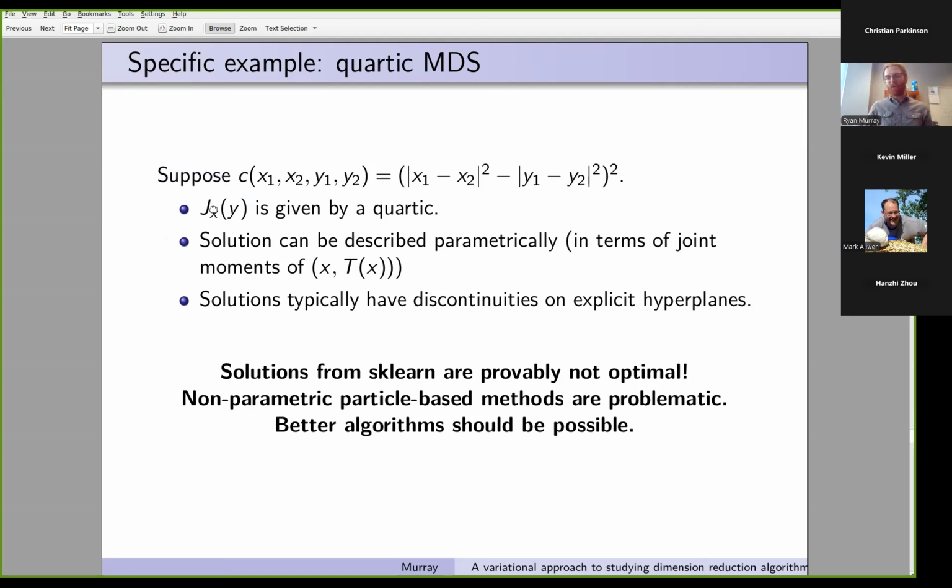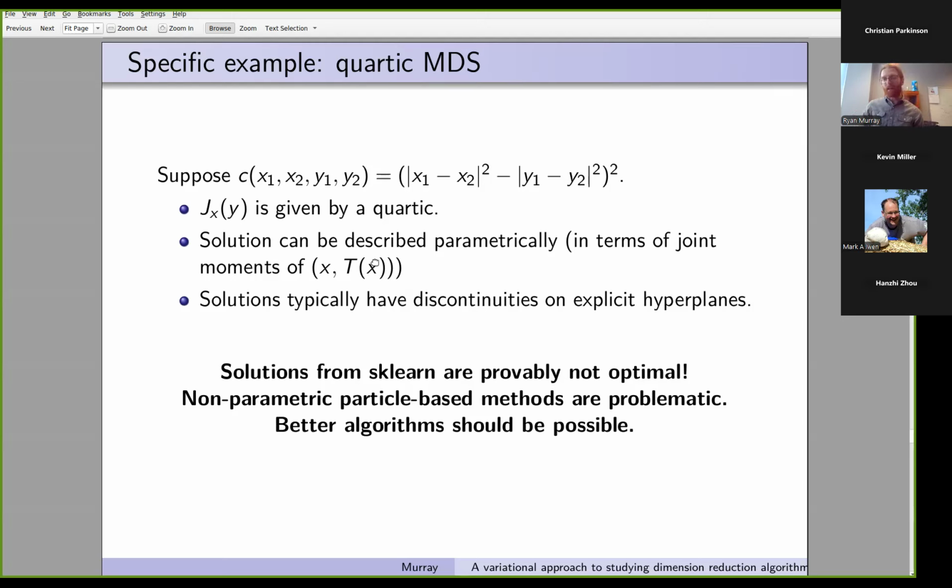This means that I don't really need to do particle descent. I don't need to optimize over this full swarm of particles. I could really just optimize over the joint moments, I think second moments is all you need here, between the x's and the t of x's. And this should give a much smaller optimization space that you need to search in.